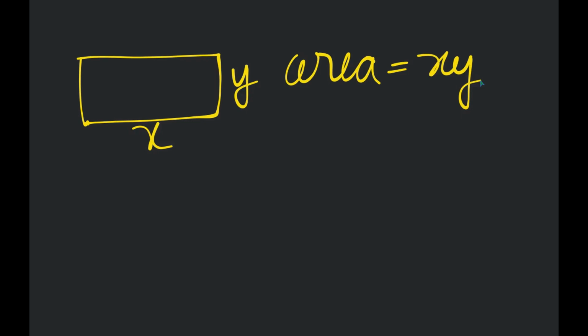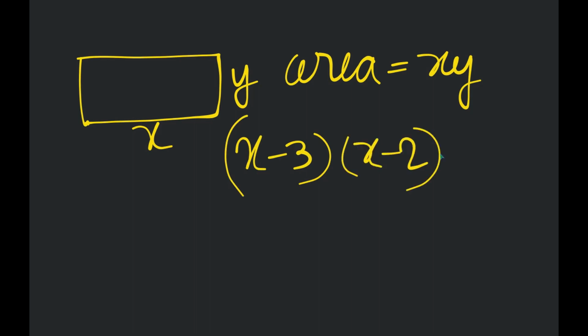Now according to the situation, if its length is reduced by 3 and breadth is reduced by 2, means what? x minus 3 and breadth y minus 2, right? Sorry, here I wrote x by mistake, it will be y minus 2. Then the area will reduce by 69, means what? xy minus 69. Okay? Any doubt in this step?